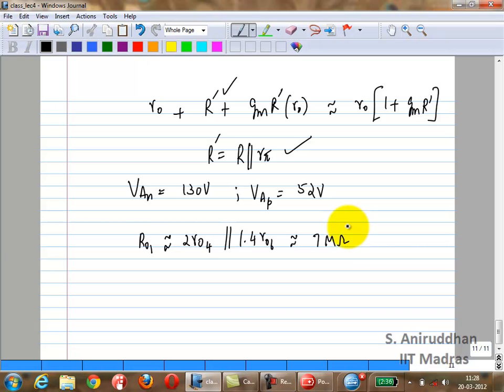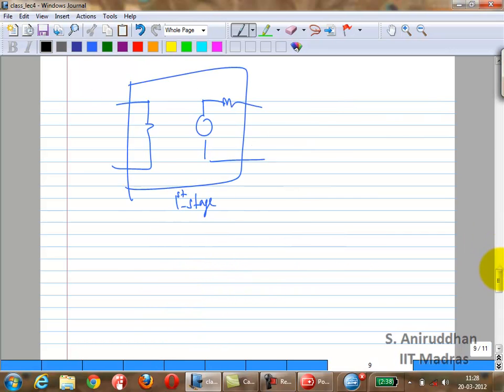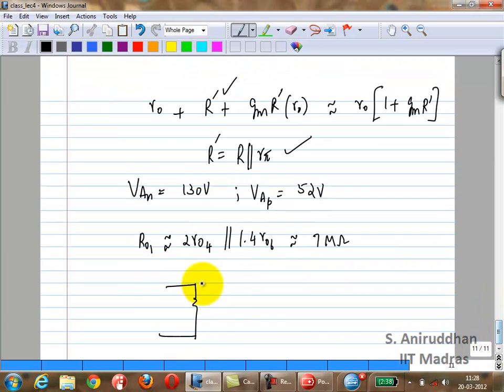Okay. So we have got the equivalent circuit for the first stage. So what is the input impedance? 2.7.